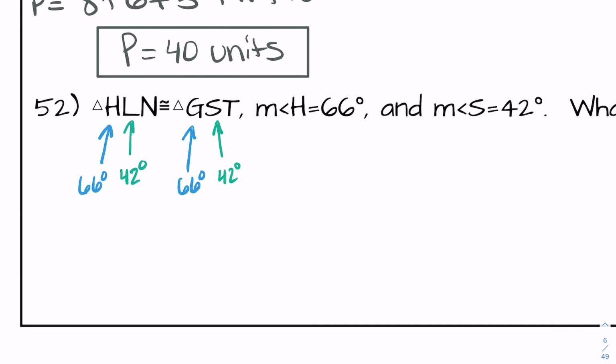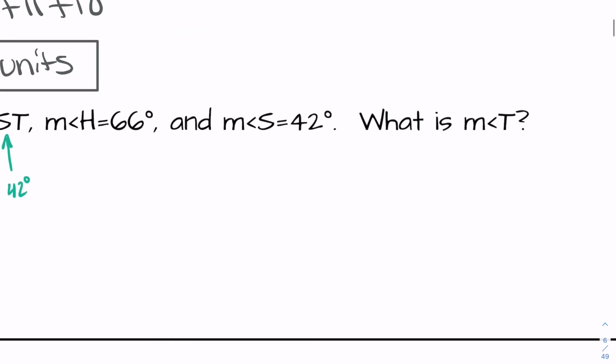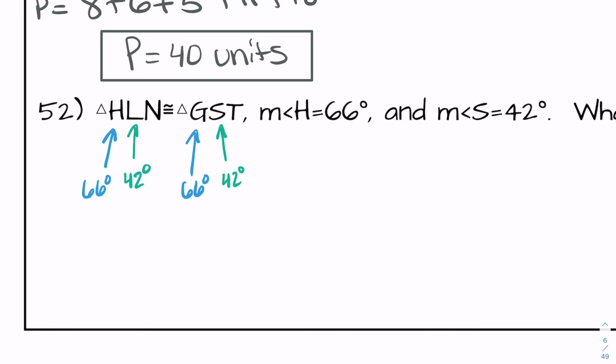They want me to crisscross these. They gave me S and they gave me H, and they want me to use the information that H and G are the same and L and S are the same. So you need to interact with both of them. What is the measure of angle T? I'm going to do 180, take away 66, take away 42. 60 and 40 is 100, so that's 80. 80 minus 8 is 72 degrees.